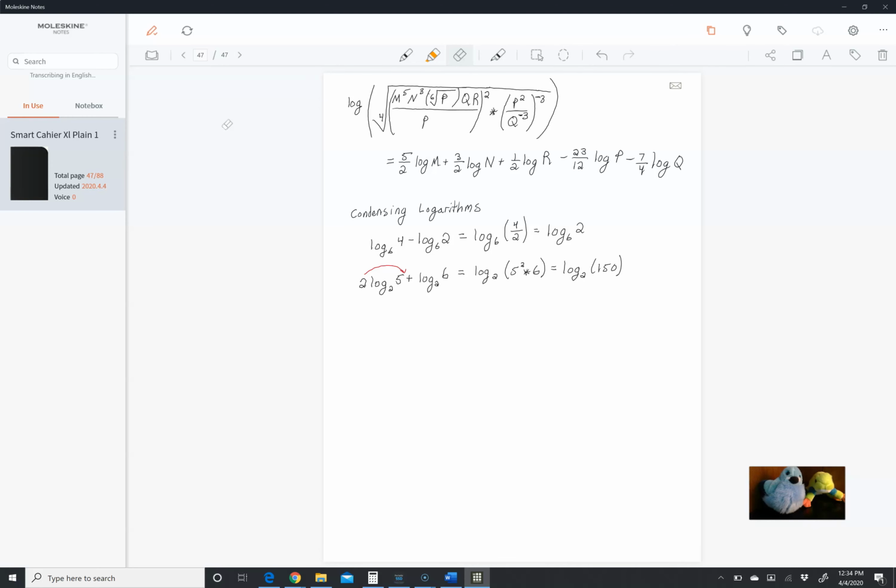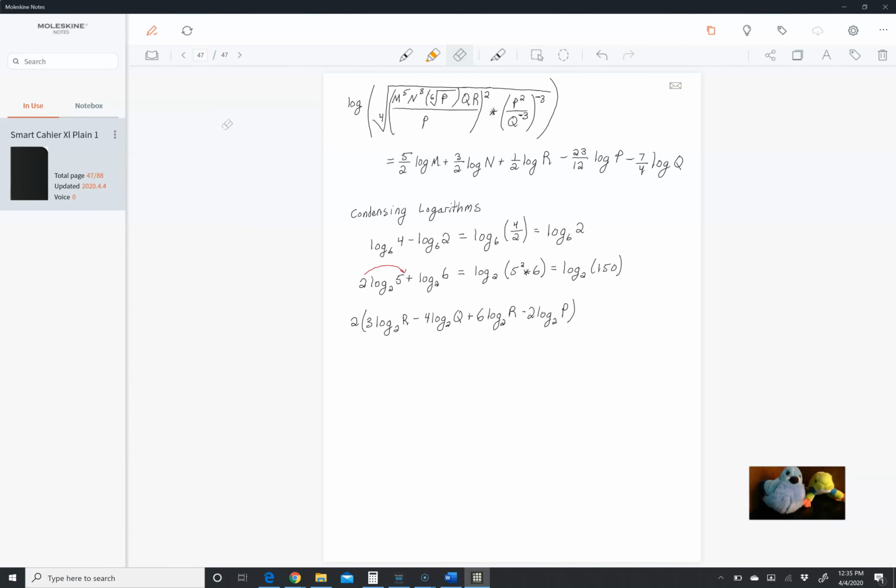Okay. Now let's do a few with, I'm going to go straight to more complicated, okay? Because there's not that much to this. So let's say that we have 2 times 3 log base 2 of r minus 4 log base 2 of q plus 6 log base 2 of r minus 2 log base 2 of p.